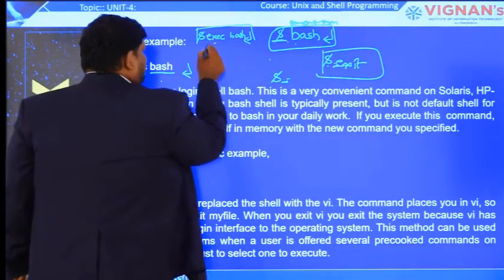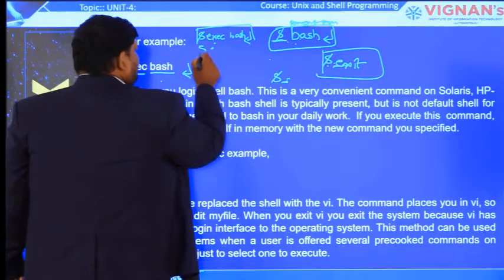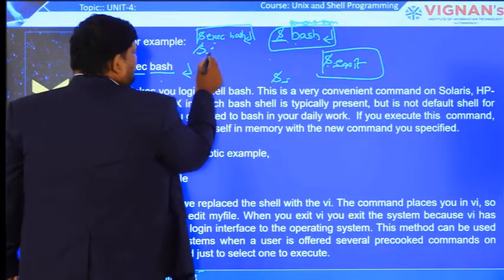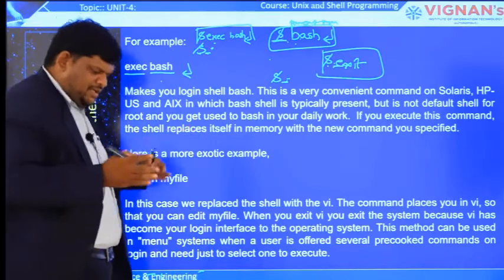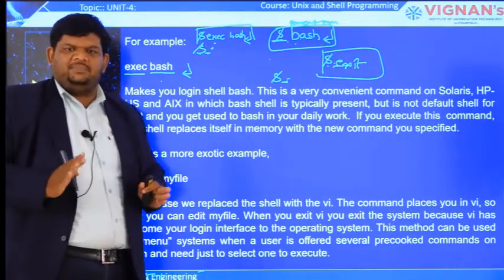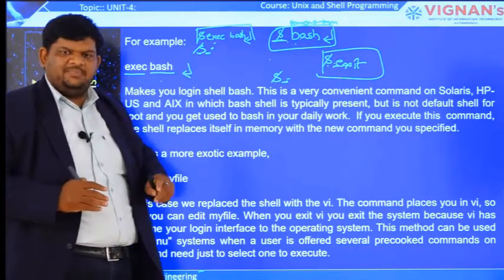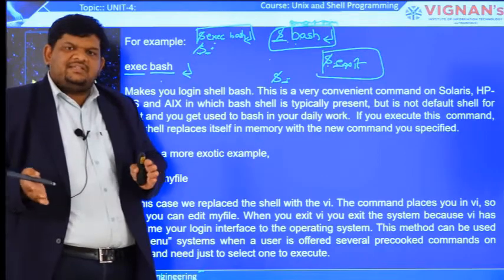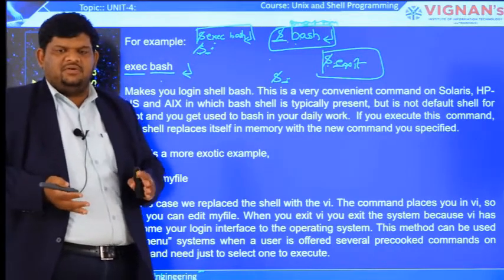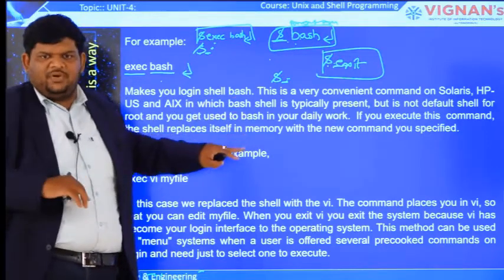That means the main process is replaced with the child process. Now the shell prompt you are seeing means the current process is the new process itself, not the parent process, because after writing the exec command our current process is replaced with the new process. So this indicates you are now in the new process, not the old process.